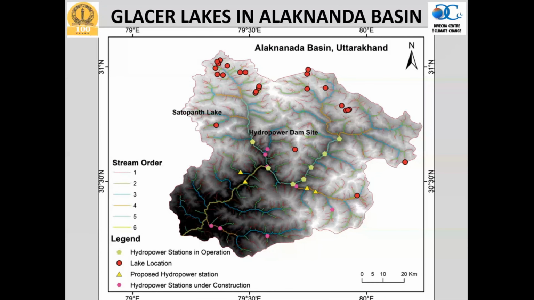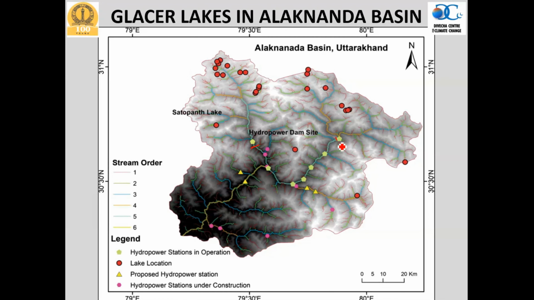So this is one distribution in the Alaknanda Basin. You can see that this is very recent work, which was only published last year. And you can see that there are a large number of lakes in the Alaknanda basin, and they are distributed everywhere. What is also plotted here is hydropower dams.